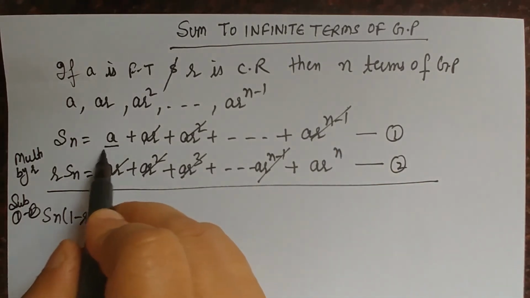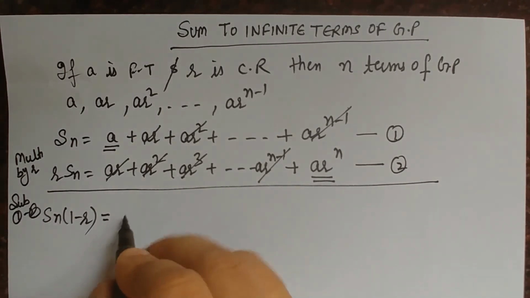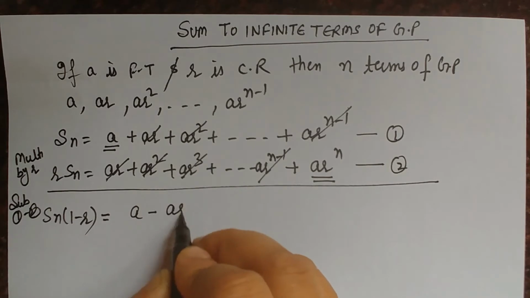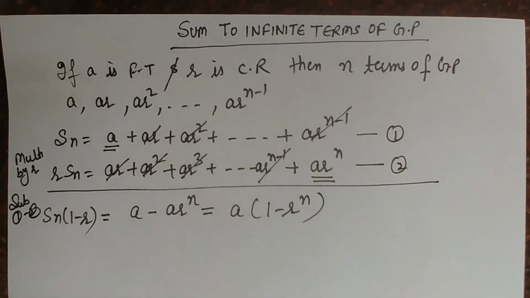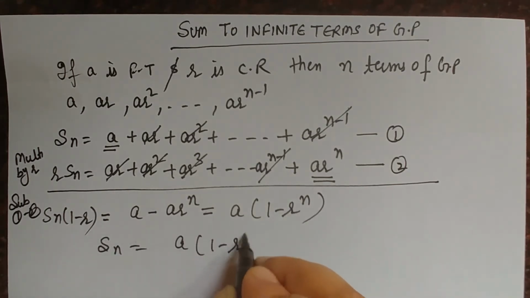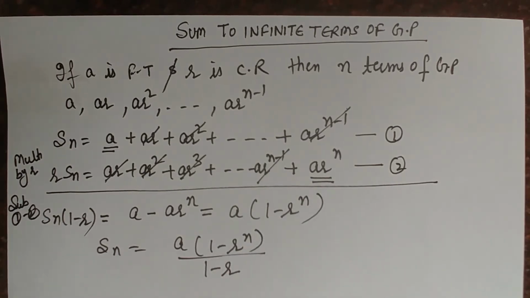If you observe, I am left with just these two terms. So I get a minus ar raised to power n, which can be written as a times 1 minus r raised to power n. So Sn is a times 1 minus r raised to power n upon 1 minus r.